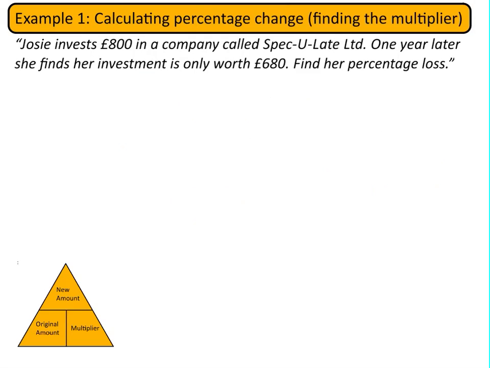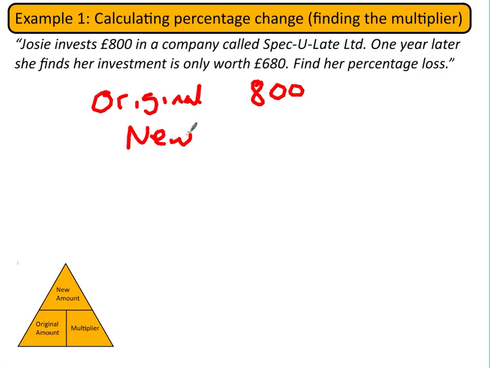Josie invests £800 in a company, and a year later she finds her investment is only worth 680. Find her percentage loss. So what have we got here? Well, we've got an original amount, which is 800. We've got a new amount after some time has passed, which turns out to be 680, and we're trying to find a percentage, so we're trying to find the multiplier. So if we want to find the multiplier, we need to do the new amount divided by the original amount.